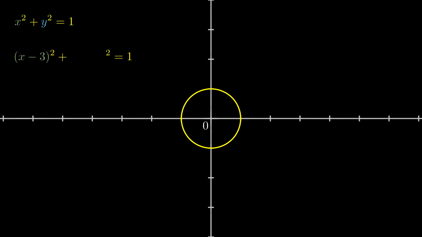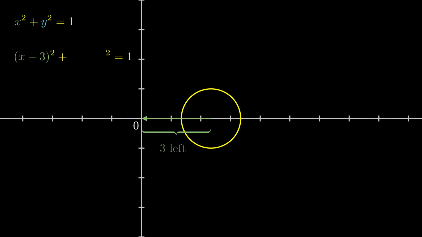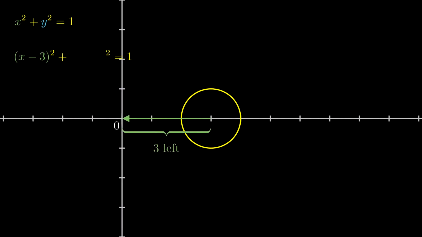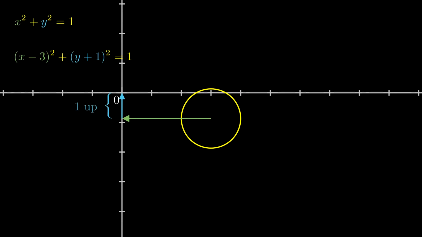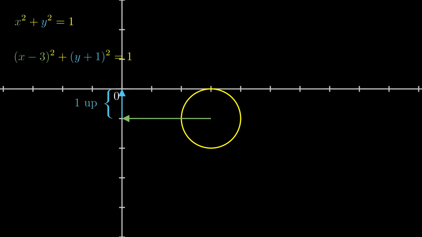And so the axis is going to move 3 to the left. That's where minus 3 still means 3 to the left, but it's the axis moving, not the curve moving. And now we change y to y plus 1, which again is a transformation of the axis. And so plus 1 applied to y still moves upwards, but it's the axis moving, not the circle.